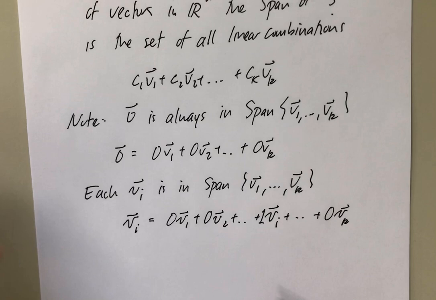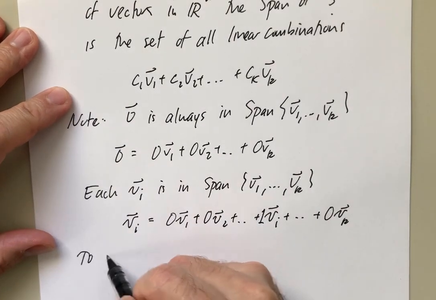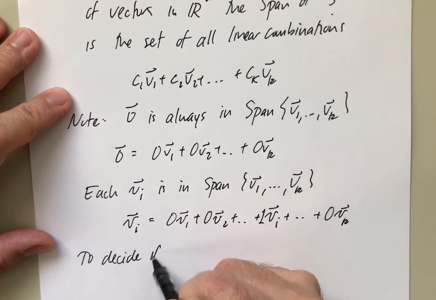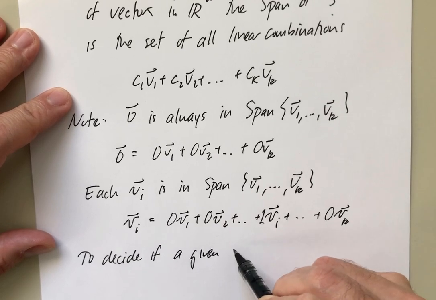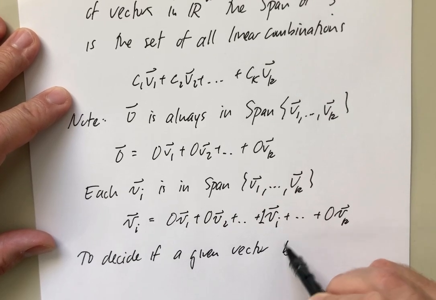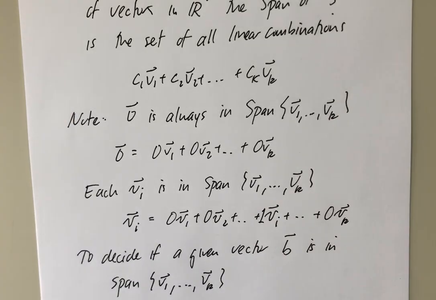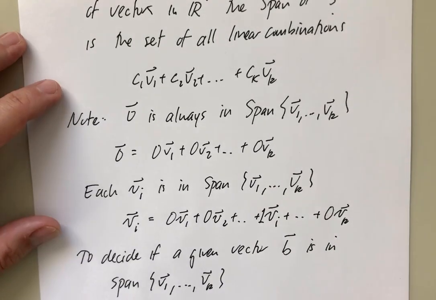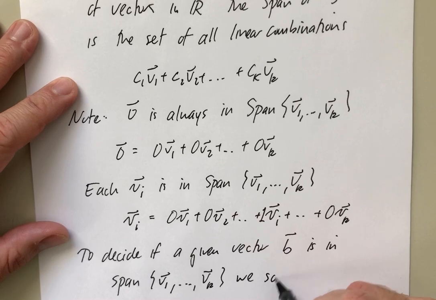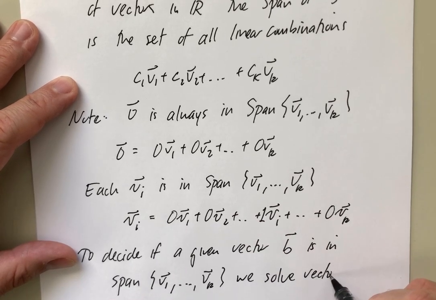And let me just recall that to decide if a given vector, say b, is in the span of v1 through vk, what we do is we solve what's called the vector equation.